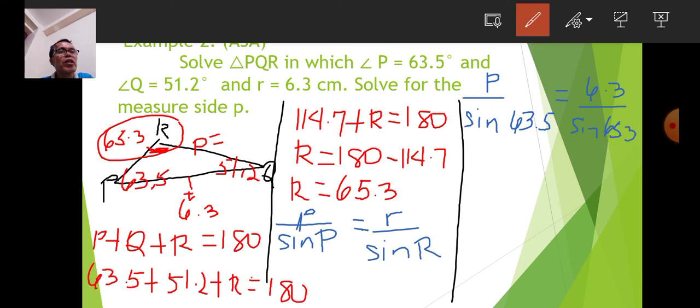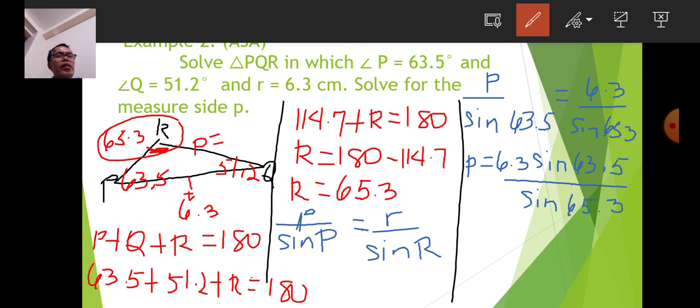So cross multiply, so that is P is equal to 6.3 times the sine of 63.5 over sine of 65.3.